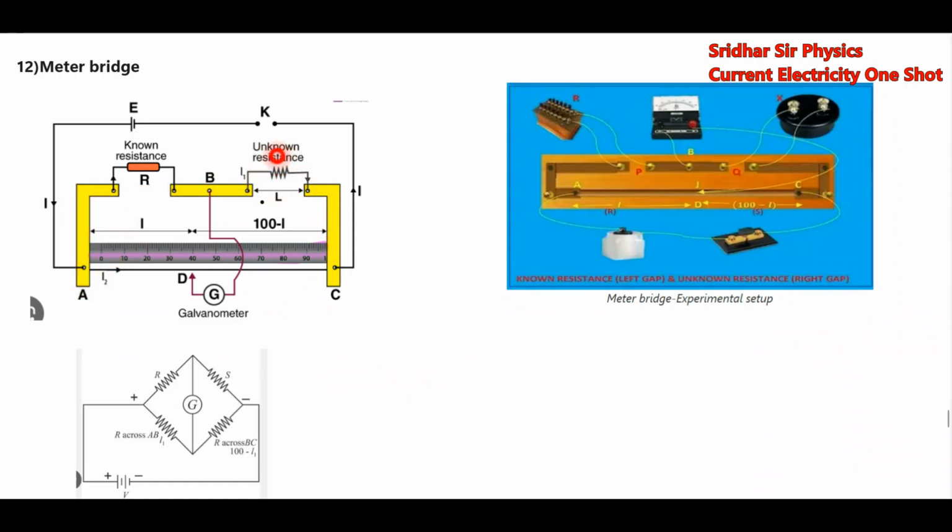The known resistance is connected here, and there's a galvanometer connected here, and there's a cell. We have the keys. So there's a circuit here now. R is the unknown resistance, and S is a known resistance. I'll indicate that here. You can see S is here.